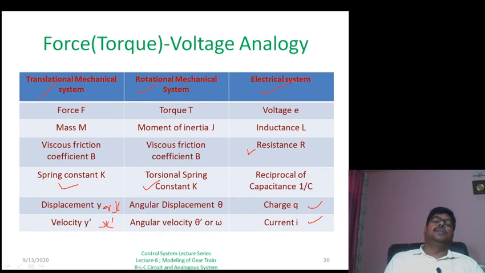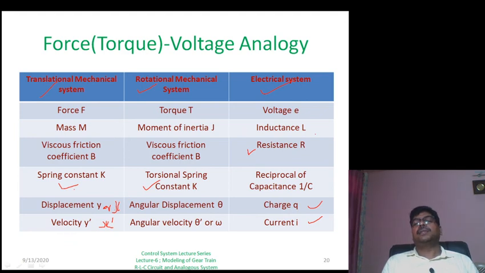Now you can see the force voltage analogy. The first column is the translational mechanical system, the second is the rotational mechanical system, and the third one is the electrical system. Here the applied force is E. It is similar to the force and torque in the mechanical system.